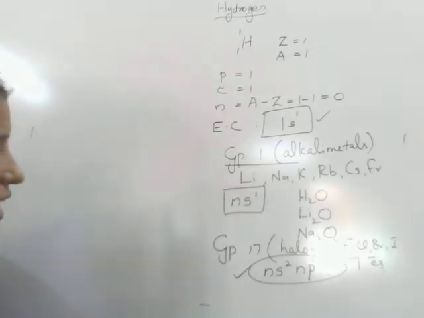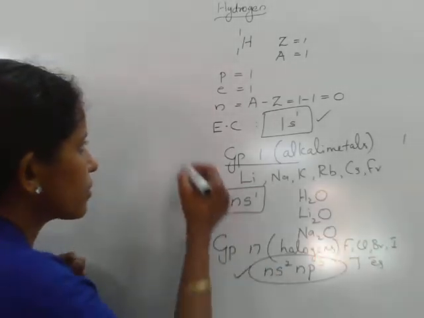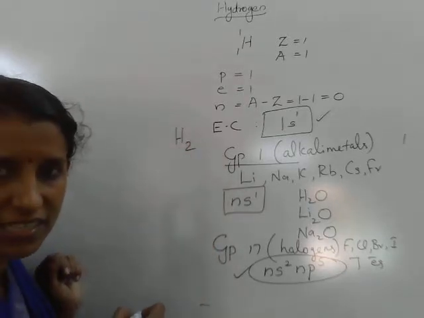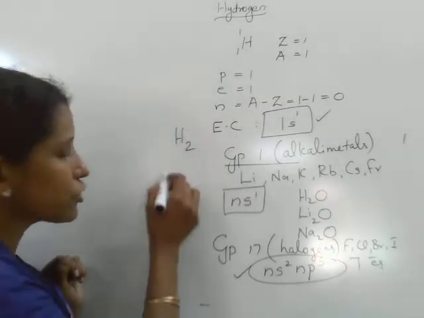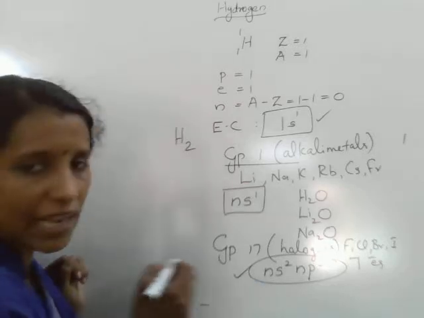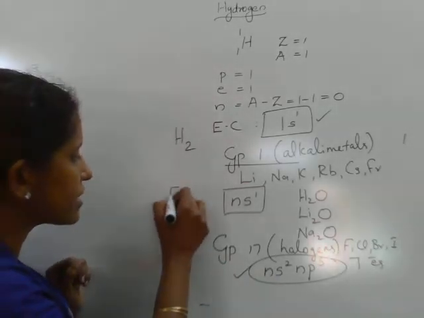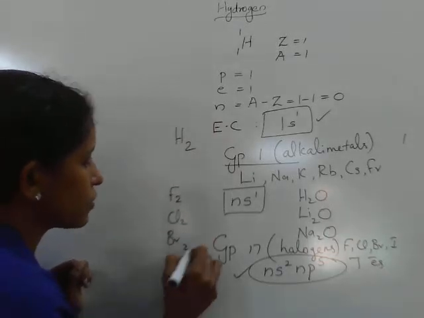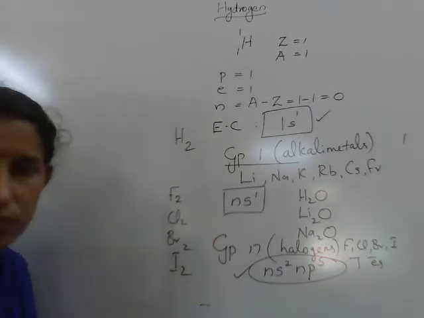And hydrogen exists as a diatomic molecule, that is dihydrogen, H2 molecule, just like a halogen. Halogens also exist as diatomic molecules: F2, Cl2, Br2, I2.